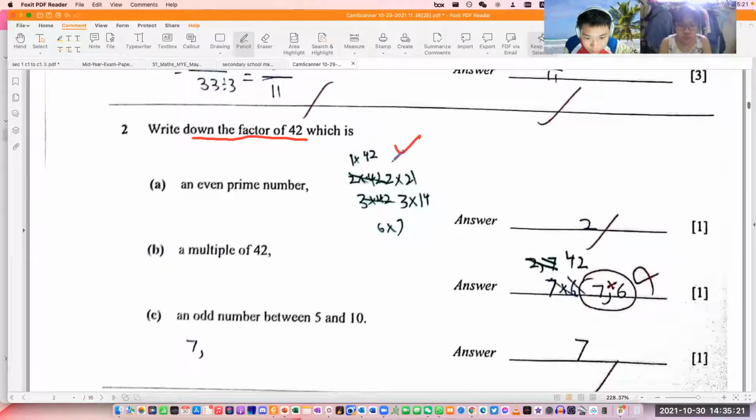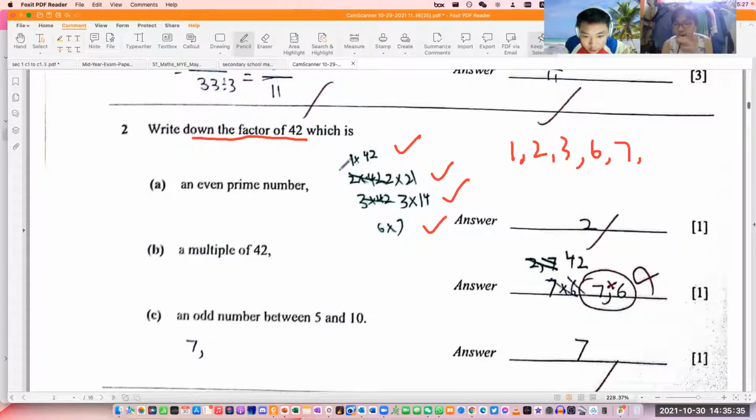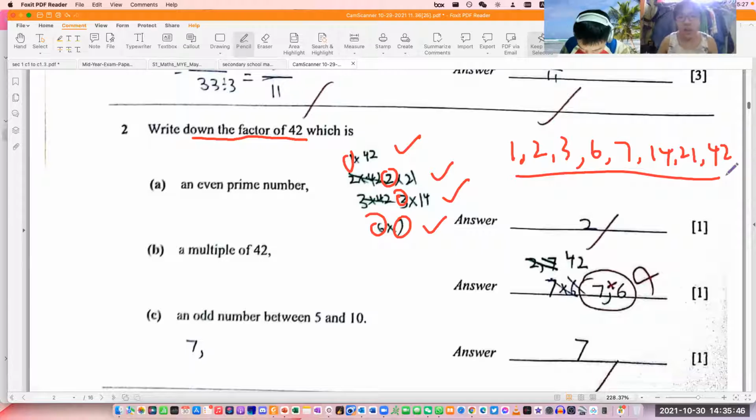Okay, here. 1 times 42, 2 times 21, and then 3 times 14. And then 7 times 7, I mean 6 times 7. So basically, the factors are 1, 2, 3, 6, 7, then continue 14, then 21, then 42. So these are the factors. Am I right?